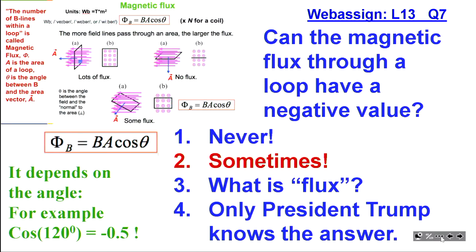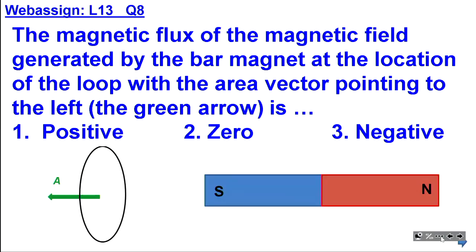A represents the area, but this angle could have any value between 0 and 360. And when you're calculating cosine, you can have any value between -1 and 1. So the answer is sometimes. All right, done. Thank you.